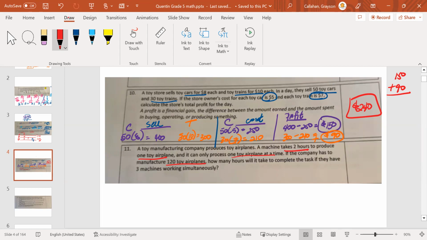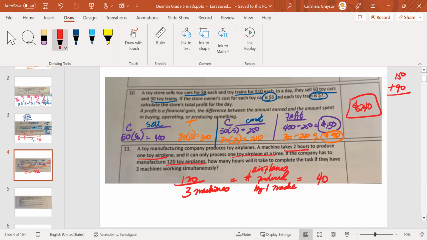So they have 3 machines, okay? One machine takes 2 hours to produce one airplane, right? So 120 airplanes, but then there are 3 machines. So divide by 3 machines, which will give you the number of airplanes produced by one machine. What's 120 divided by 3?